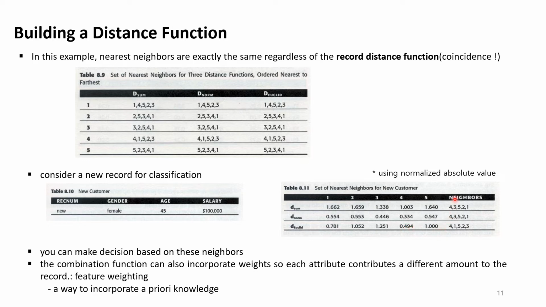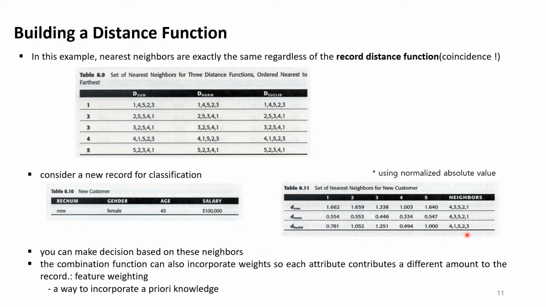And now the nearest neighbors are 4, 1, 5, 2, 3. So as you can see here, in most cases, depending on the record distance function, we have different nearest neighbors. The dsum and dnorm have the same nearest neighbors, but the Euclidean distance has different nearest neighbors.